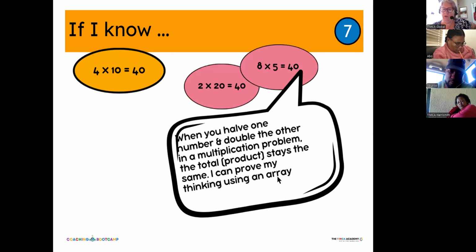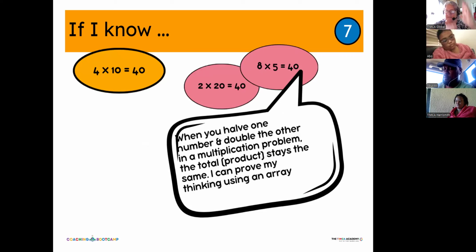Now, if this is making your mind explode, go and see if you can do it with an array, like we did earlier. Make an array of 4 by 10 and look at 40 and then say, okay, well, I've got 40 dots or I've got 40 things in my array. How can I arrange them differently to get 40?